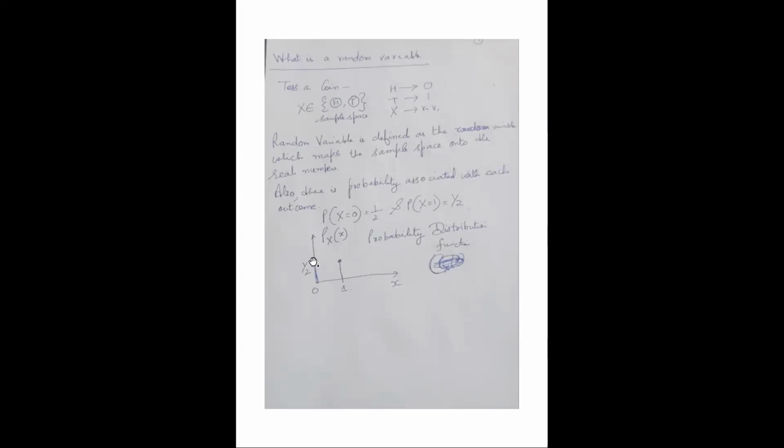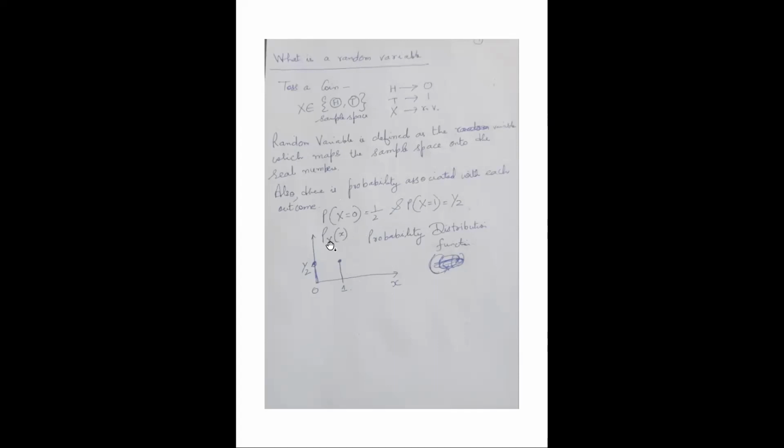And if we draw the graph, how the graph is drawn, this is very important. Capital X, I am taking as a random variable, right? Along the x-axis is small x, which actually takes the values of capital X. This is a usual practice to denote a random variable and the probability associated with it.